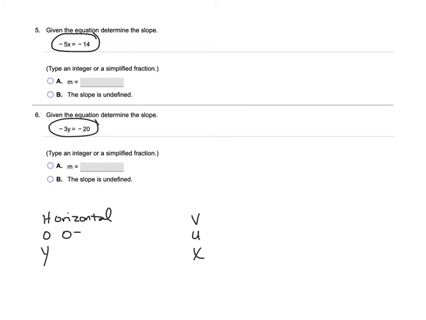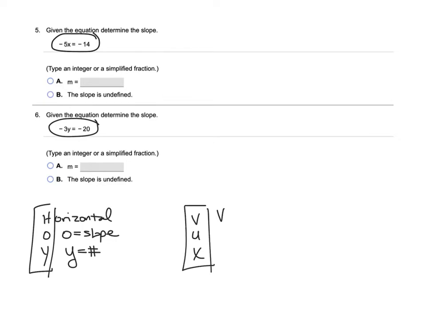The 0 is what the slope is. So a horizontal line has a 0 slope. And the y means y equals a number is the equation of a horizontal line. So every horizontal line is in the form of y equals, only a y. That is Hoy.